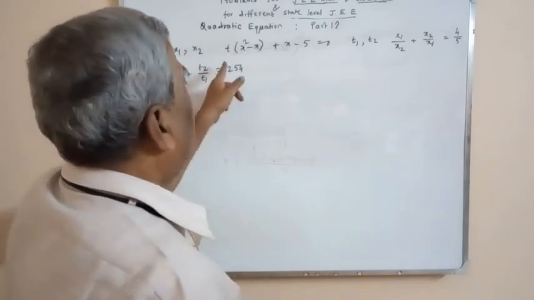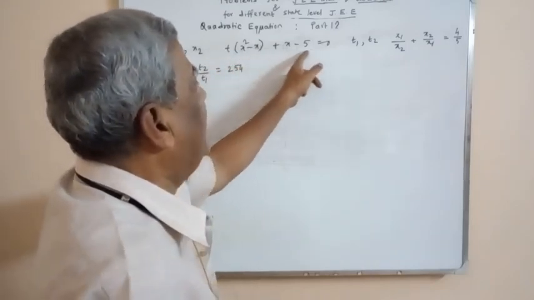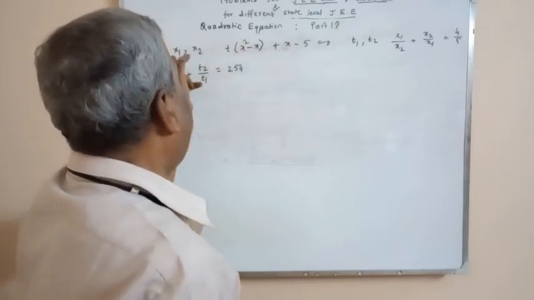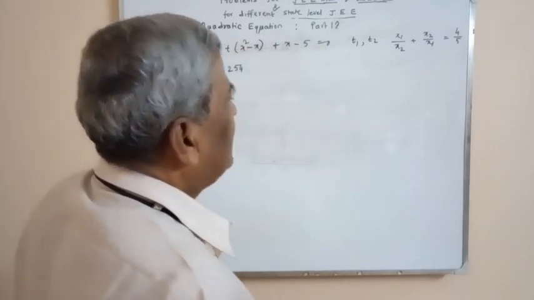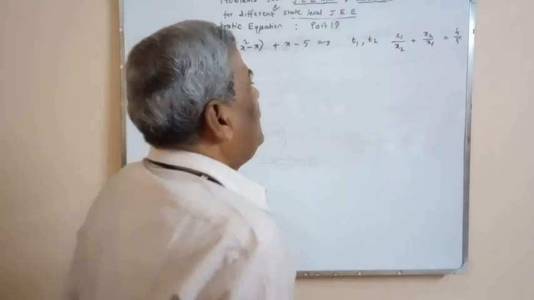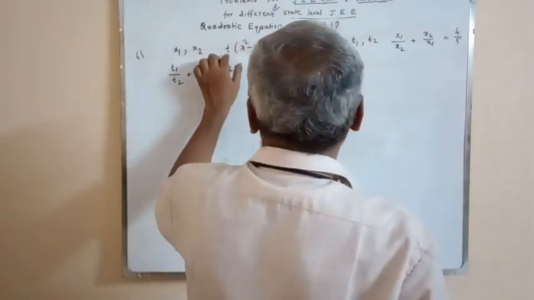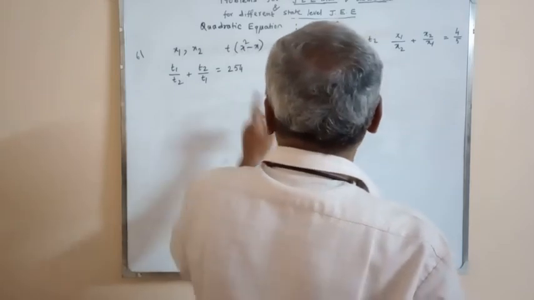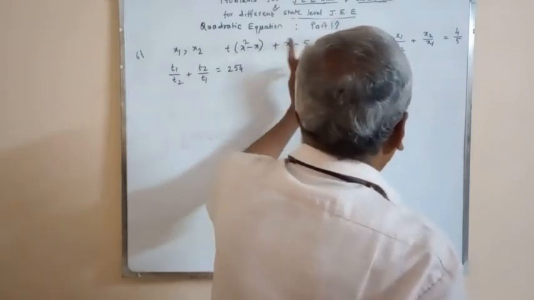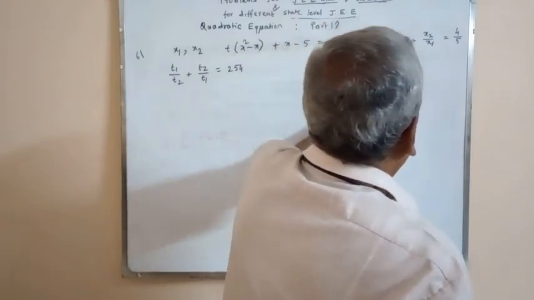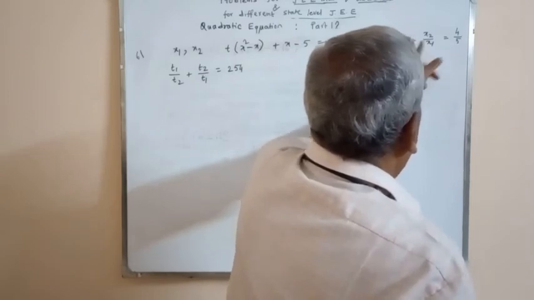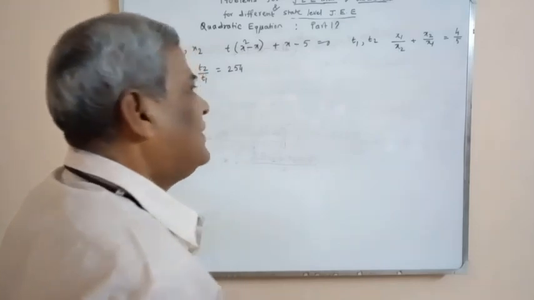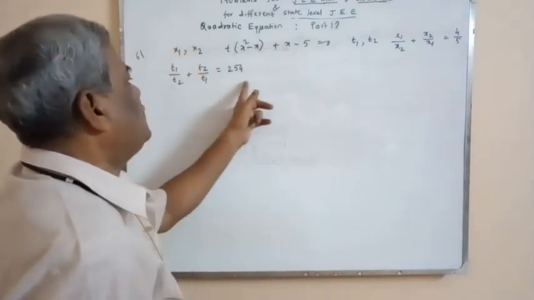One quadratic equation is given here, quadratic in x. Its roots are x1 and x2. Now t1 and t2 are two values of the parameter t for which x1 by x2 plus x2 by x1 is equal to 4 by 5.